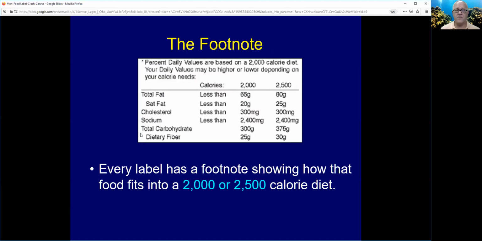The bottom of the label is a footnote, and every label has a footnote showing how that particular food fits into a 2,000 or 2,500 calorie a day diet.